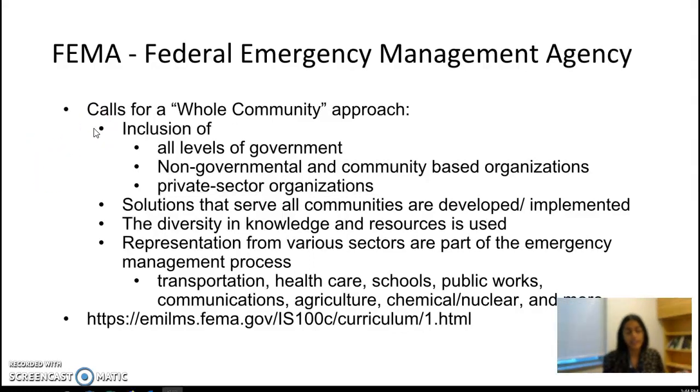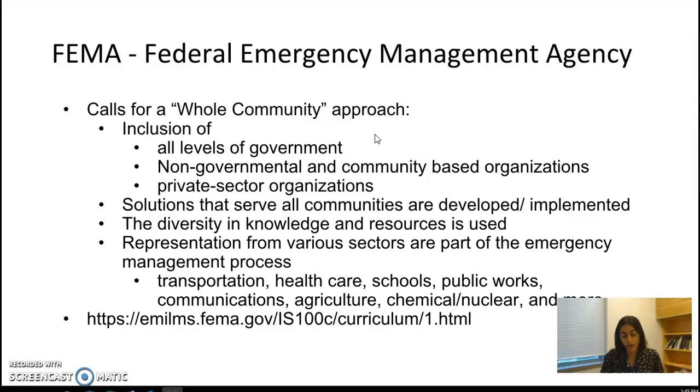So FEMA, in a nutshell, calls for a whole community approach. They include all levels of government in the response. So part of their incident command system, I haven't looked into it myself as much, but it involves how to deal with other levels of government. Also, they interface with non-governmental organizations, community-based organizations when they're doing their responses, and private sector organizations.